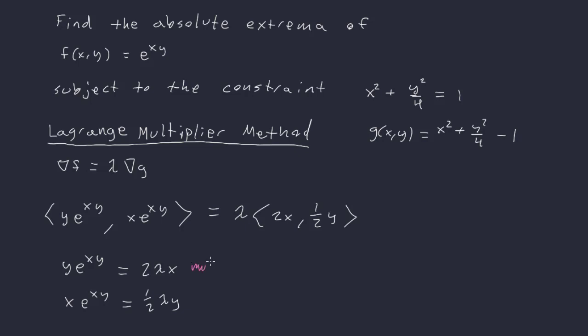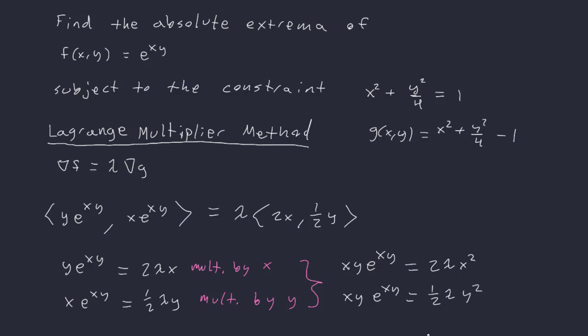If I were to multiply this first equation by x, and this second one by y, what we end up with are these two new equations. So multiplying both sides by x, we'll have xy e to the xy is equal to 2 lambda x squared. And in the second equation, we'll have xy e to the xy is equal to 1/2 lambda y squared.